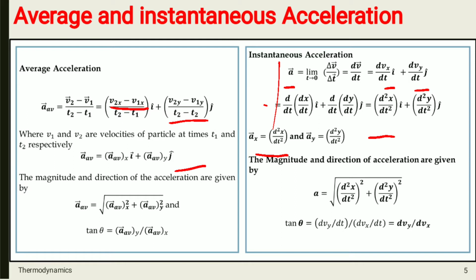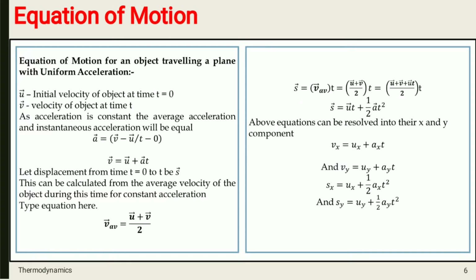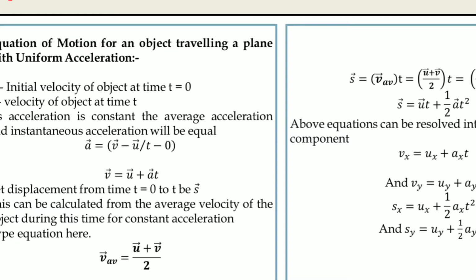So this is all about average and instantaneous acceleration. Now we are going to start with the equations of motion. We are going to derive the equation of motion for an object traveling in a plane with uniform acceleration. You have derived such equations for motion in a straight line, or rectilinear motion.